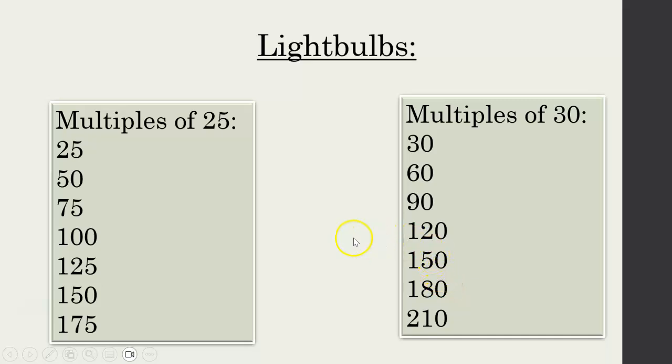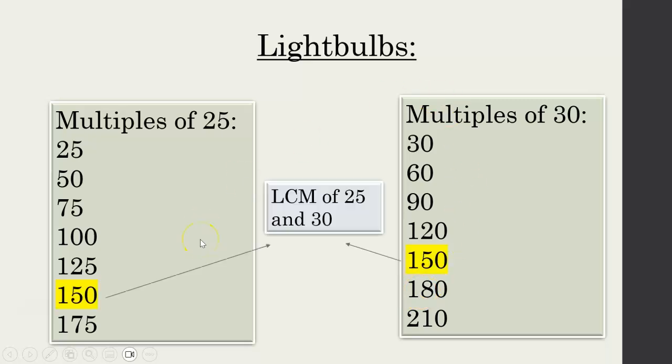But looking at this, is there anything that these have in common? And in particular, what's the lowest thing they have in common? Well, look, both have 150. And it's the lowest thing. Before 150 over here, there's nothing that they have in common, and the same over here. There's nothing that these multiples have in common with these multiples.